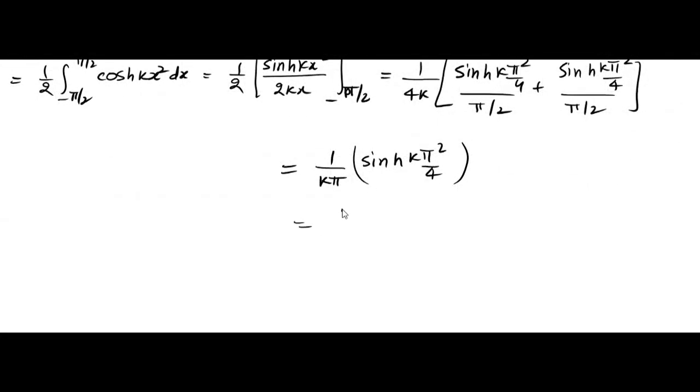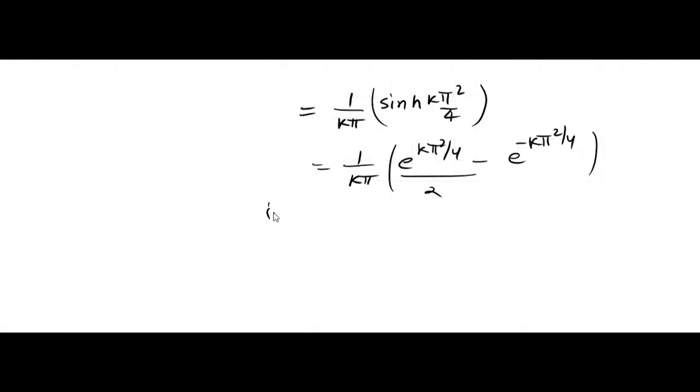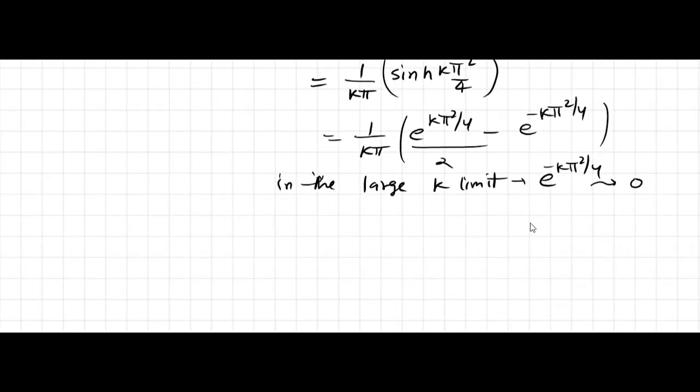This can be written as 1 over k pi times e to the k pi square by 4 minus e to the minus k pi square by 4, over 2, and in the large k limit, e to the minus k pi square by 4 tends to 0.